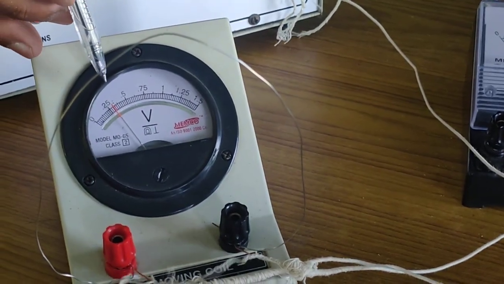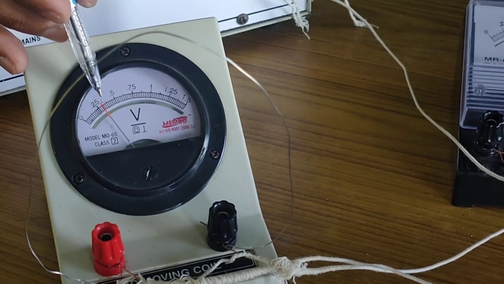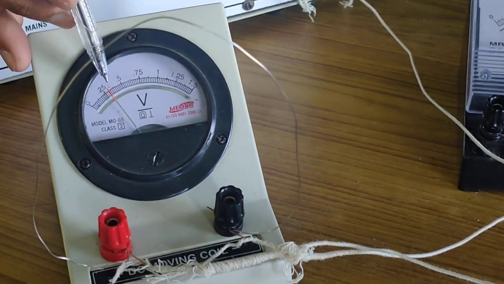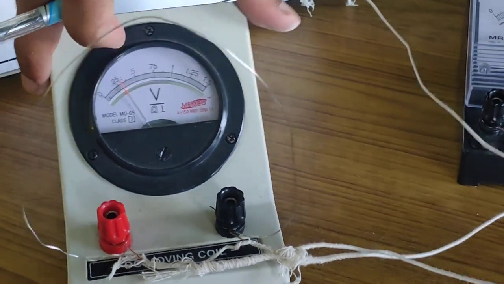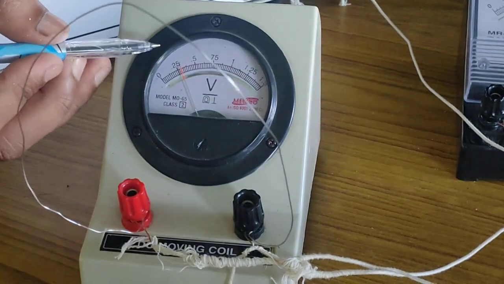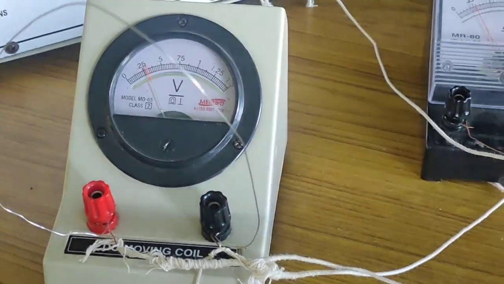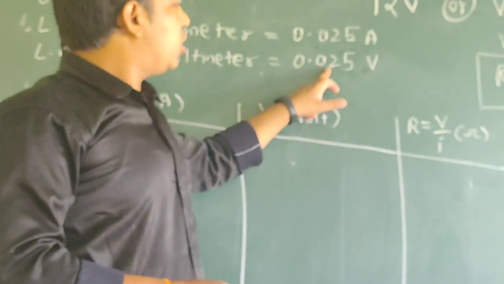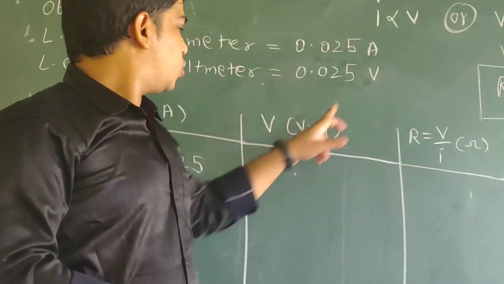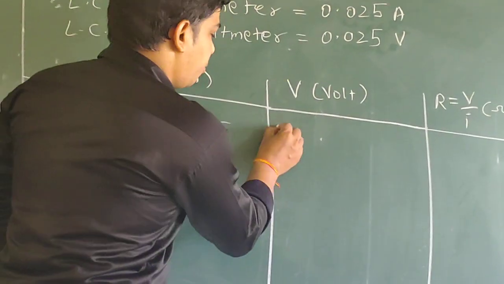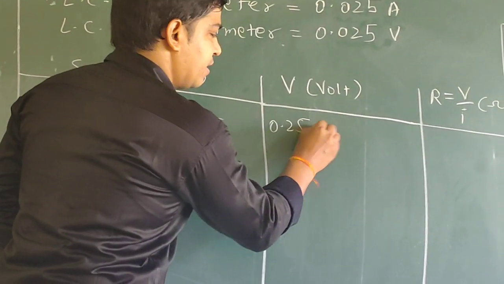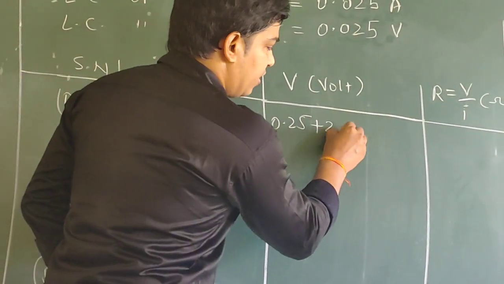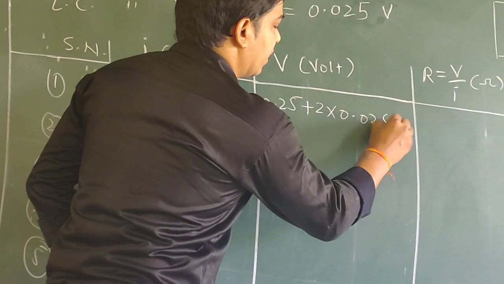As you can see in the voltmeter, 0.25 is already completed, and after the 0.25 it is 2 divisions. Okay, as we know the least count of the voltmeter is 0.025 volt. So the value of the voltmeter is 0.25 completed plus 2 divisions of 0.025.